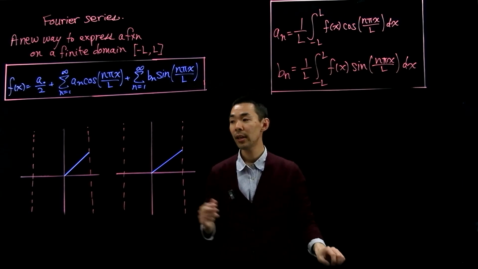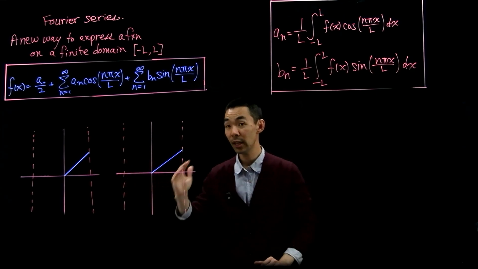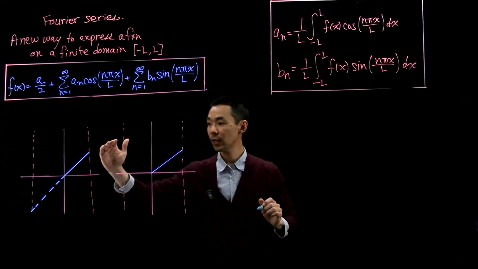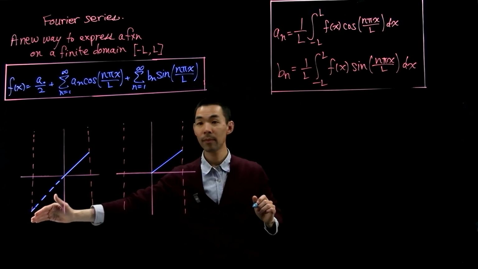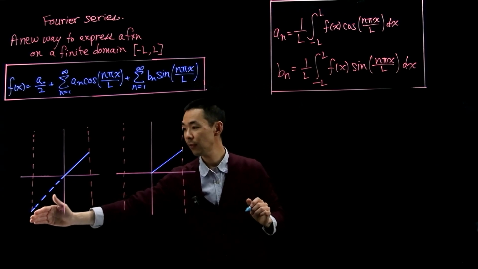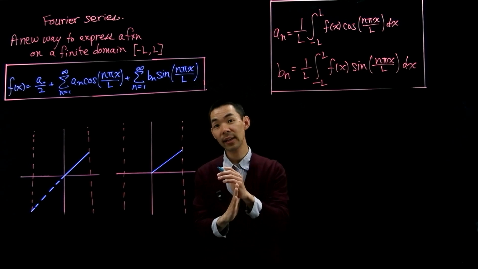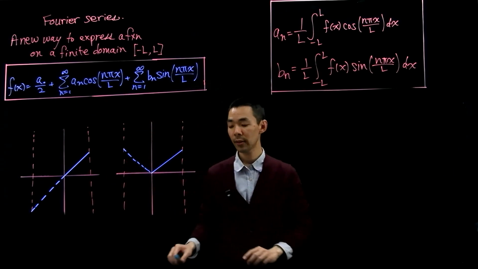You can either expand this function in the following way, like that, where you just cut right through the origin from negative L to L, or you can reflect it about the y-axis, just like that.